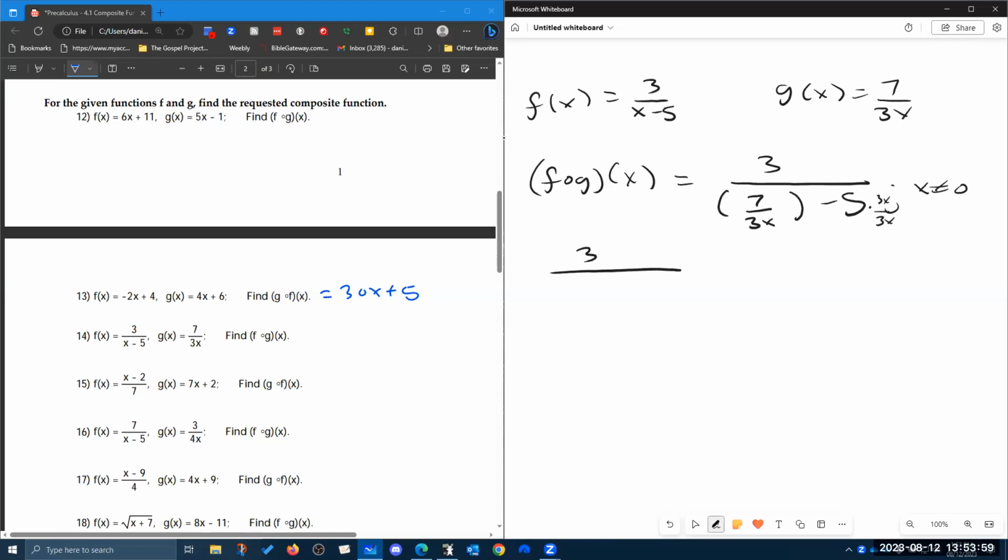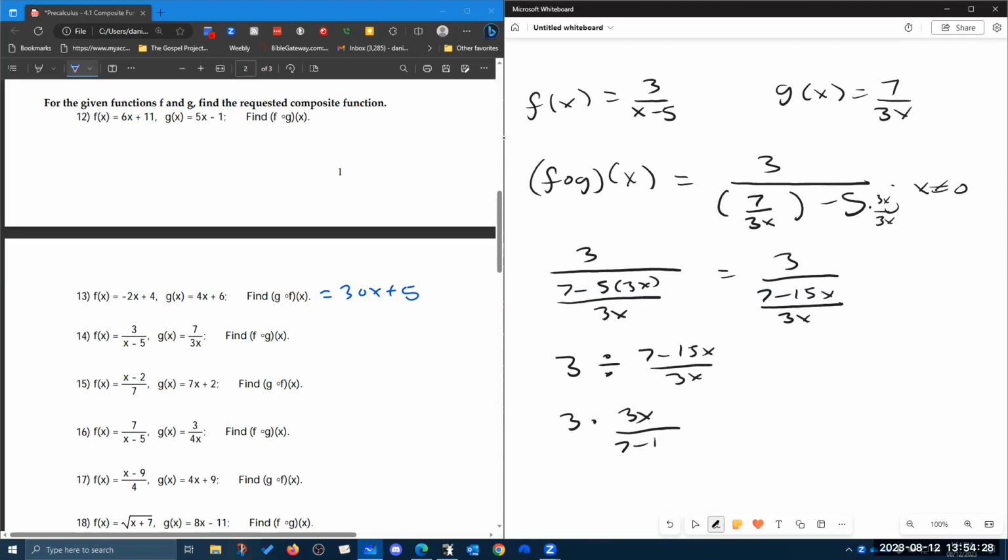So this is 3 over 7 minus 5 times 3x divided by 3x. 7 minus 15x divided by 3x is 3 divided by 7 minus 15x over 3x. 3 times 3x over 7 minus 15x. This is a 3 over 1, is going to be equal to 9x over 7 minus 15x.